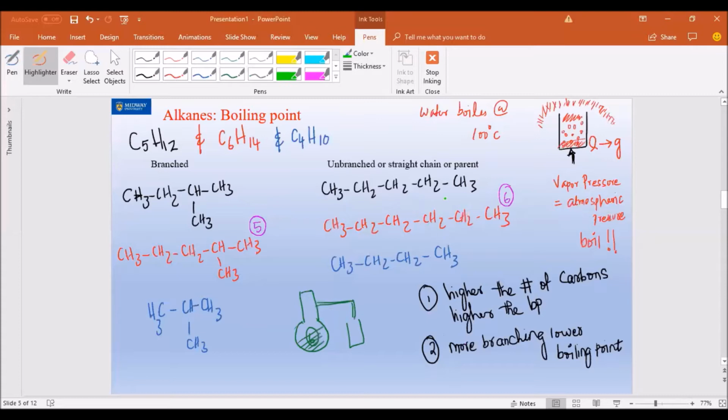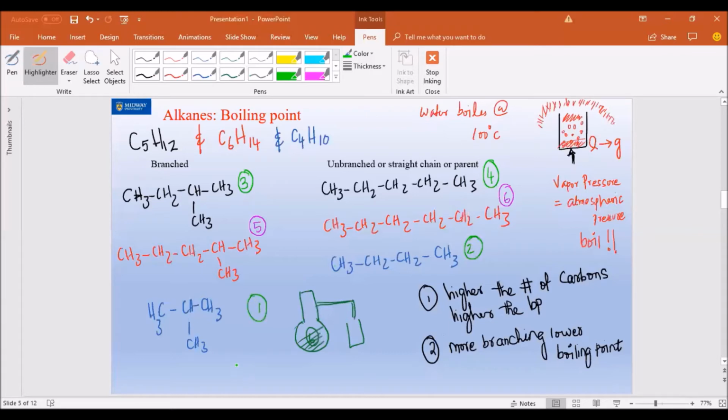And then 5: between these two, this would take the 4th spot, this would take the 3rd spot. Why? They both have 5 carbons, but one is branched, the other is not. And out of these 2, this would be 2, and this would be 1.